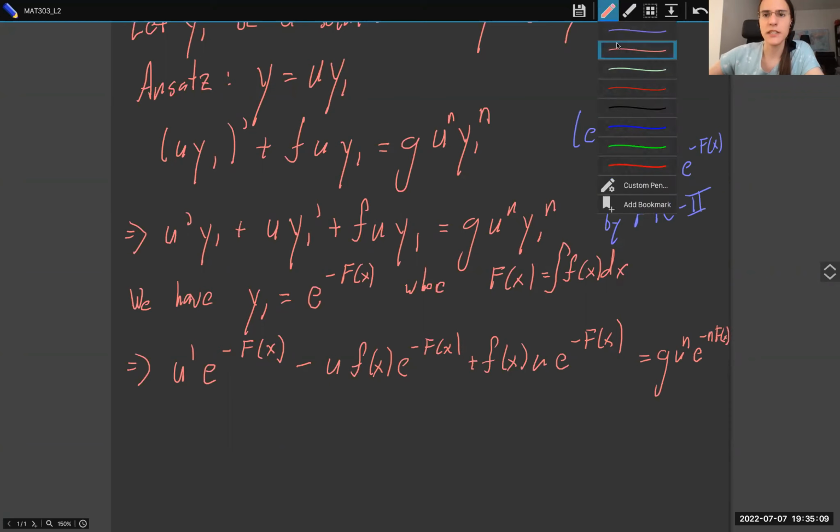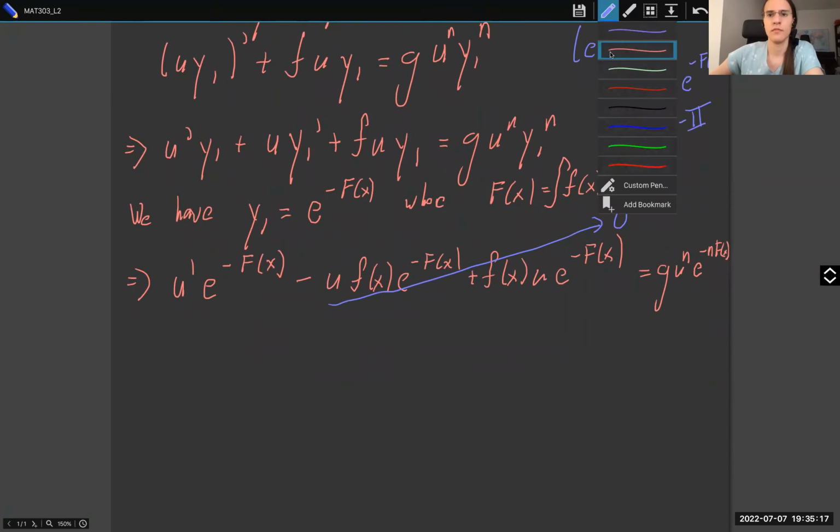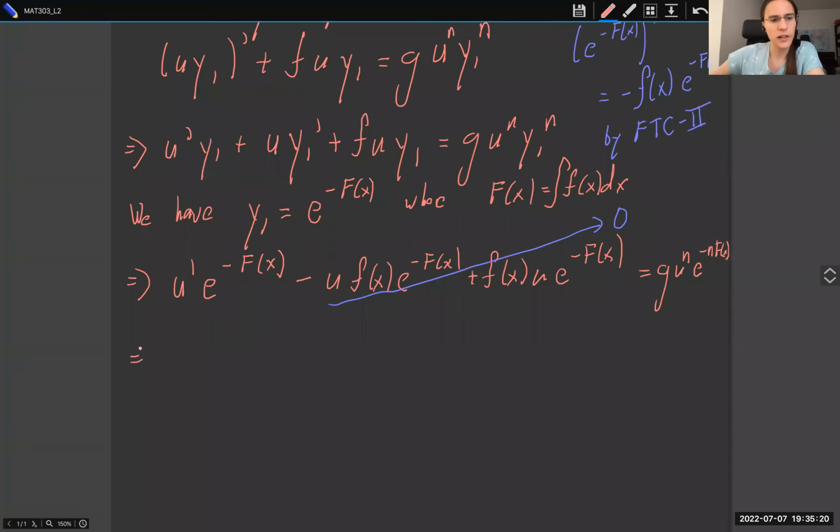And as we see, these adjacent terms cancel. So what we get as a result is that u prime is equal to g of x, u to the power of n, times e to the power of negative n minus 1 F of x, when I divide through by e to the negative F of x.